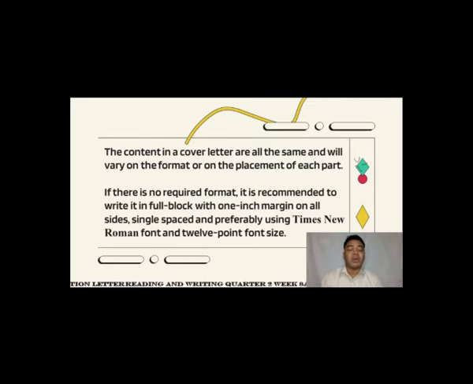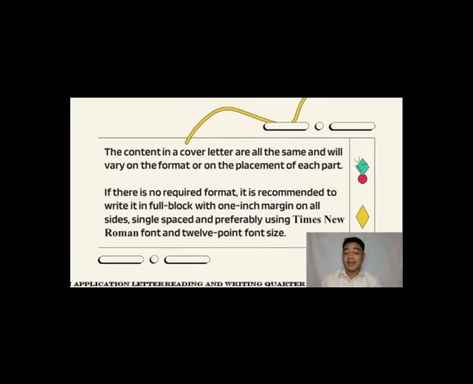If there is no required format, in case the company does not ask for a specific format to be used, it is recommended to write it in full block with 1-inch margin on all sides, single-spaced, and preferably using Times New Roman font and 12-point font size.